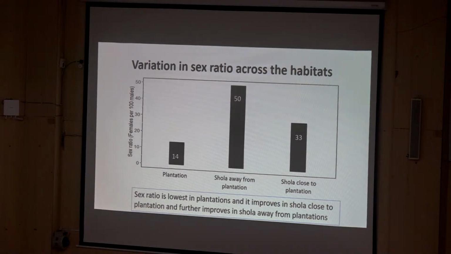males. The sex ratio can be considered as one of the indications for the health of the population. This high sex ratio is good for the population. Male-biased sex ratios can cause increased male aggression.